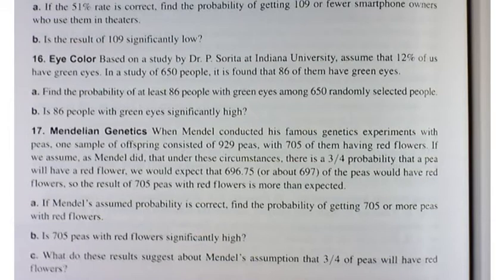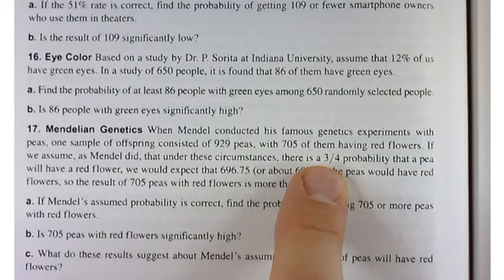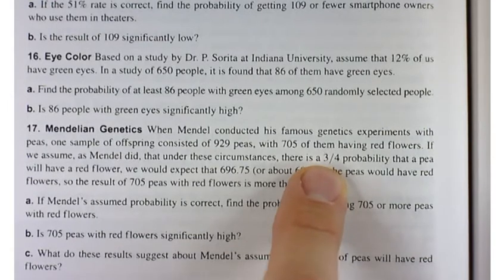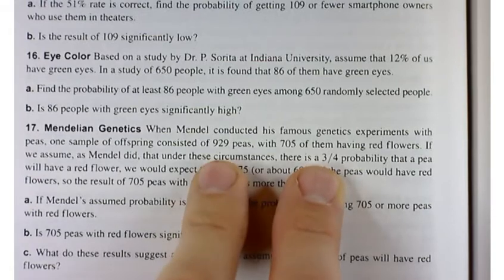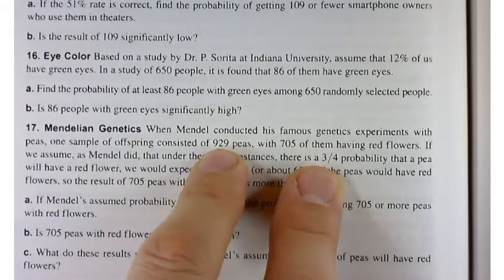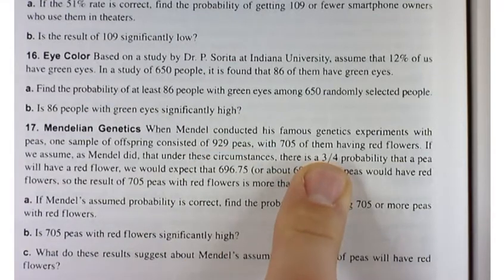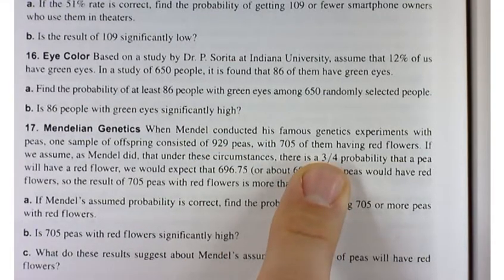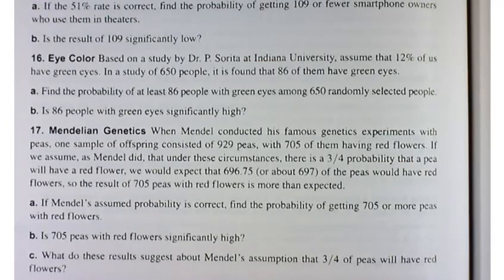So Mendel assumed that this should happen with about a 3/4 probability. So the two relevant numbers that you're going to need here are n is 929 and p is 3/4, 0.75. So give that one a shot, see what you can do with it.